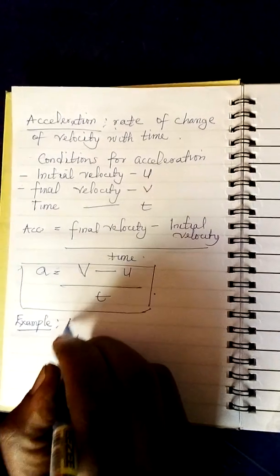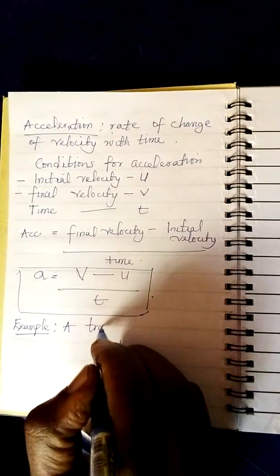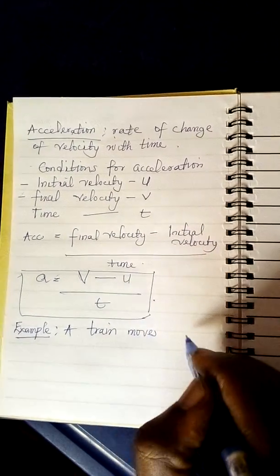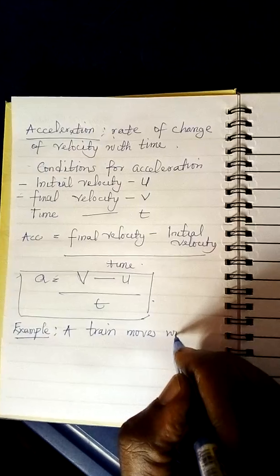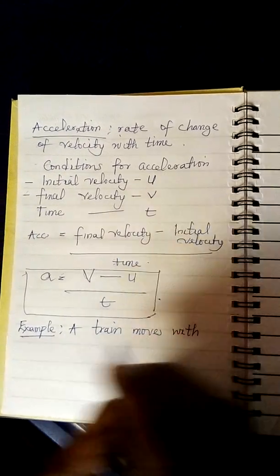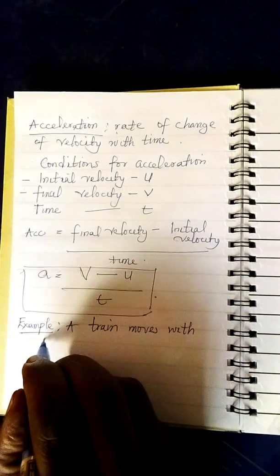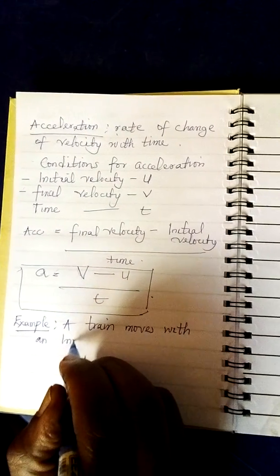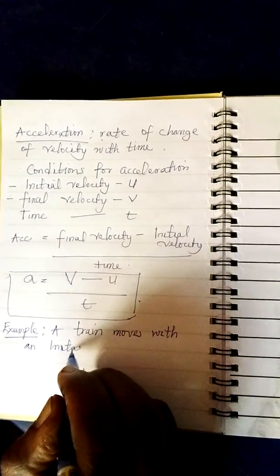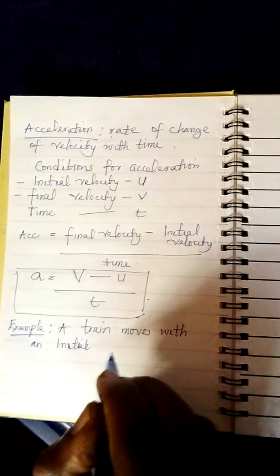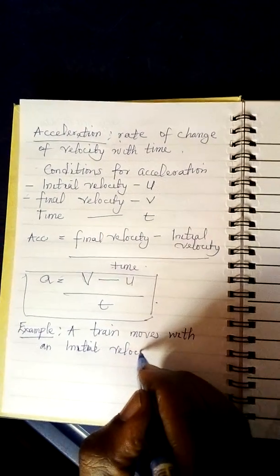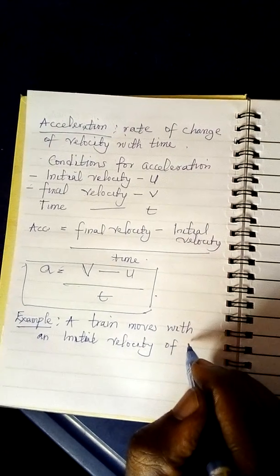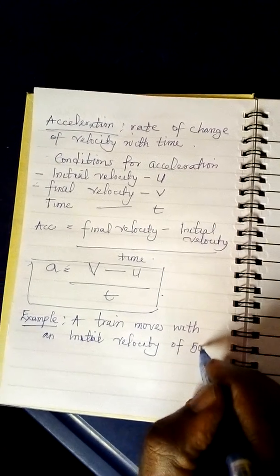Let's say a train moves with an initial velocity of 50 meters per second.